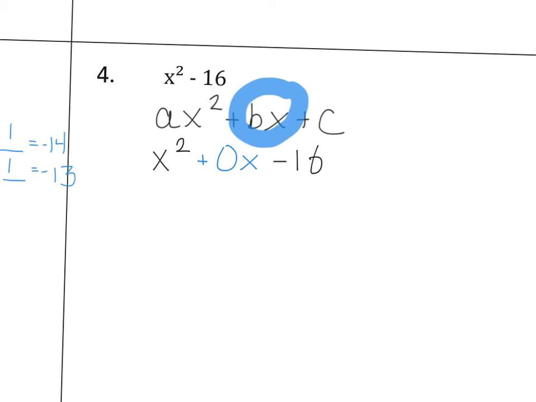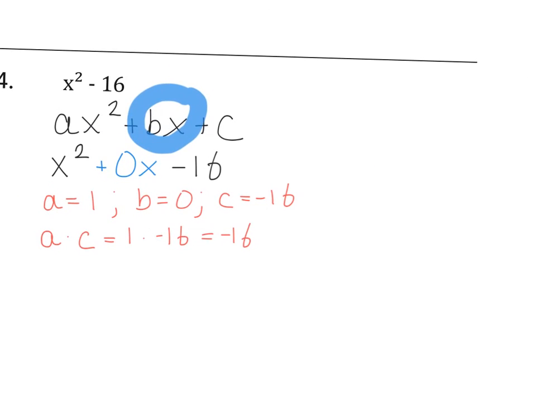We now have x squared plus 0x minus 16. Following the same steps as before, identify a, b, and c. a is 1, b is 0, c is negative 16. Now we multiply a times c. That is equal to 1 times negative 16, which is equal to negative 16.